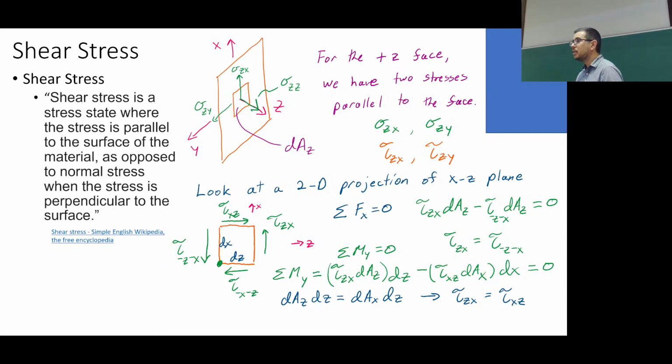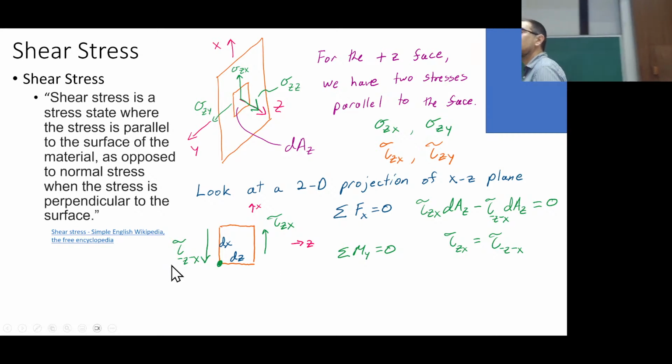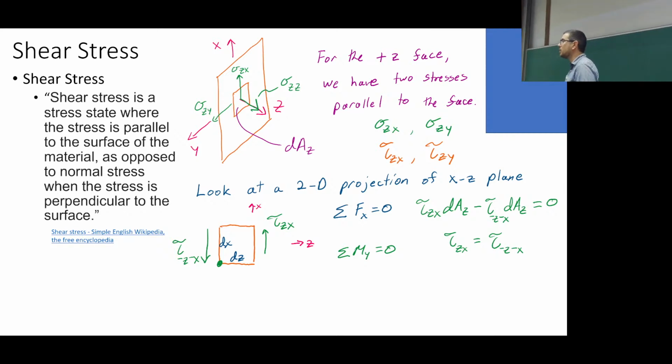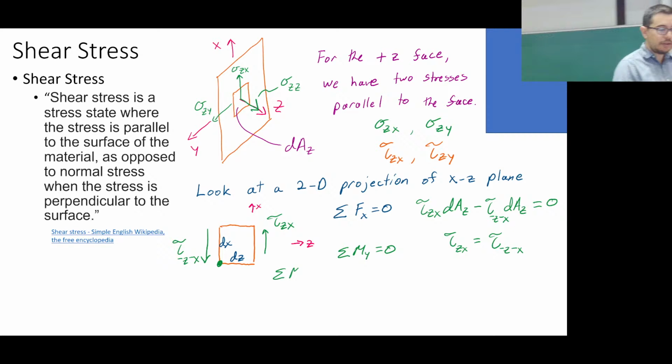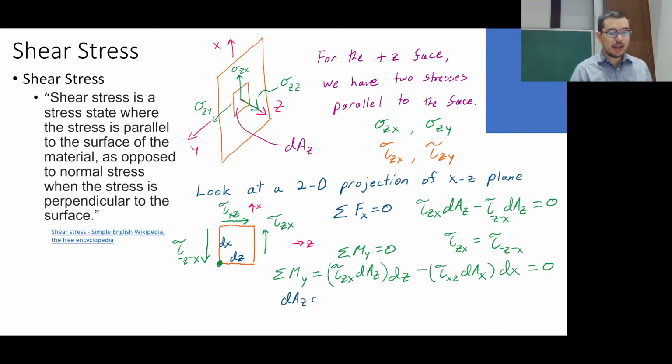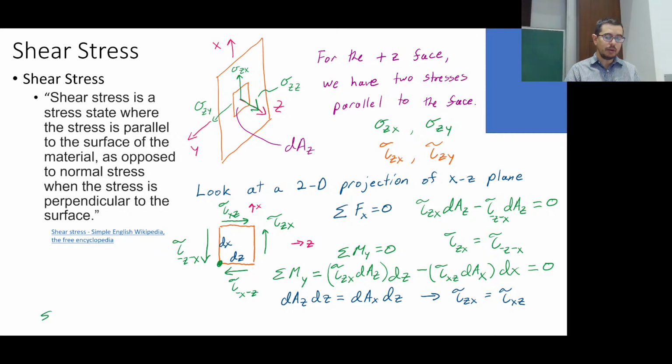Do you see that? If I just have these two shear stresses acting on the element, what happens? This thing's going to want to rotate. It's going to accelerate. Can't have that. So whenever I've got a tau zx, I've got to have a tau xz. And this simple equilibrium demonstrates this point.